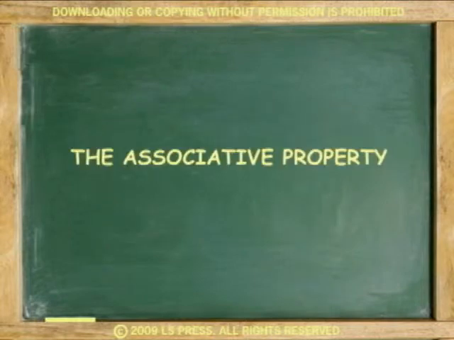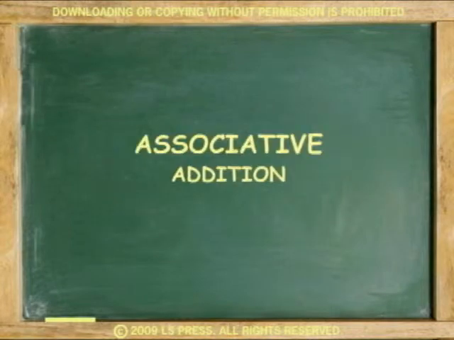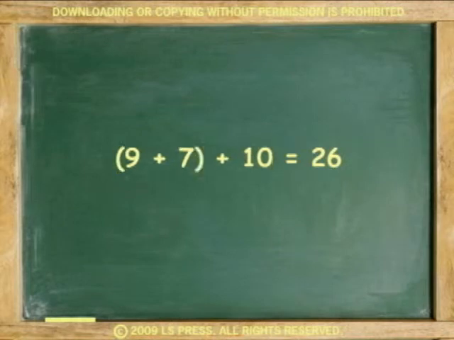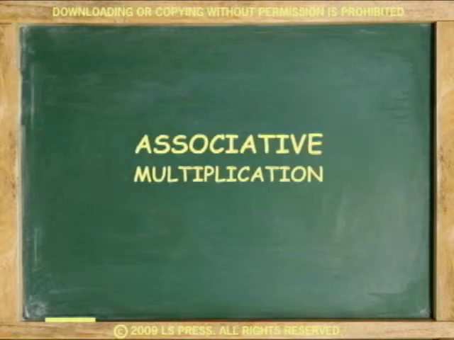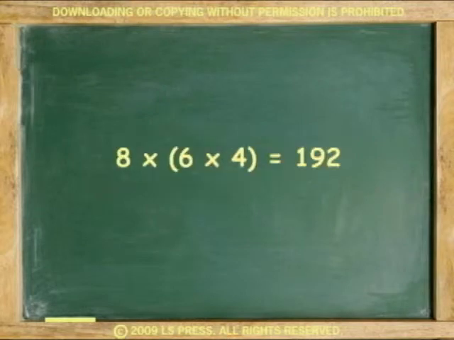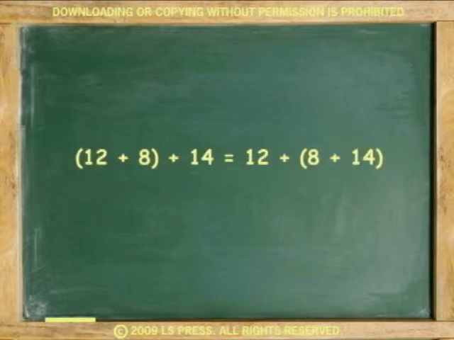Let's try the associative property now. Another truth about addition and multiplication is that you can associate as many numbers as you want and still get the same answer. This association is done by the use of parentheses. For example, (12 plus 8) plus 14 equals 12 plus (8 plus 14).